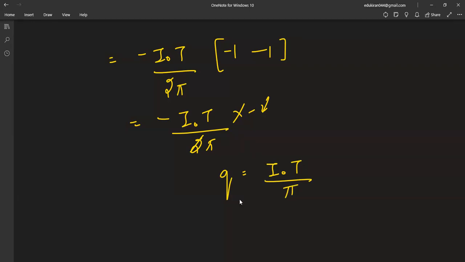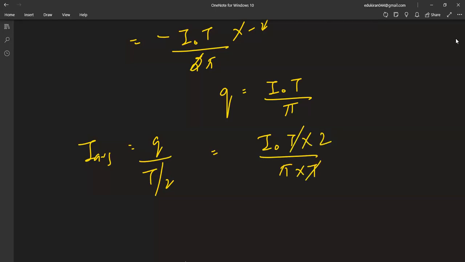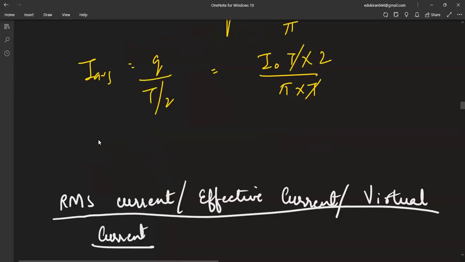Right? If this is the charge, what will be the average value of current? Charge divided by time. Here the time is T by 2. So I naught T by pi divided by T by 2. T will be cancelled. So what is the average value? You're getting 0.637 I naught.